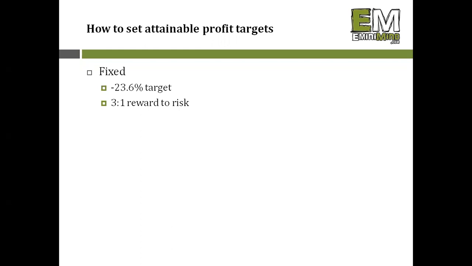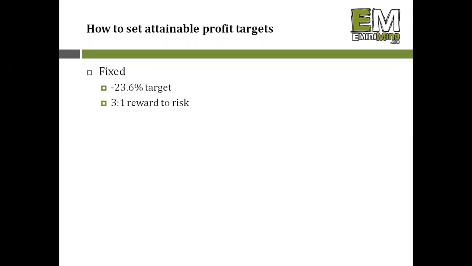Because if you have 10 contracts and you take 8 of them off for a point when you were risking 3 points, those last 2 contracts have to go a long way just to get your total position to a 1-to-1 reward to risk ratio.